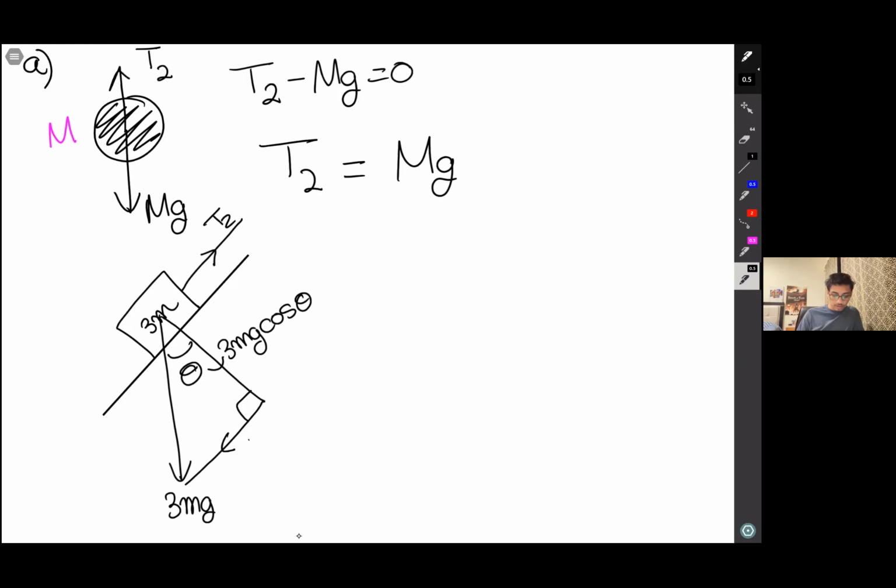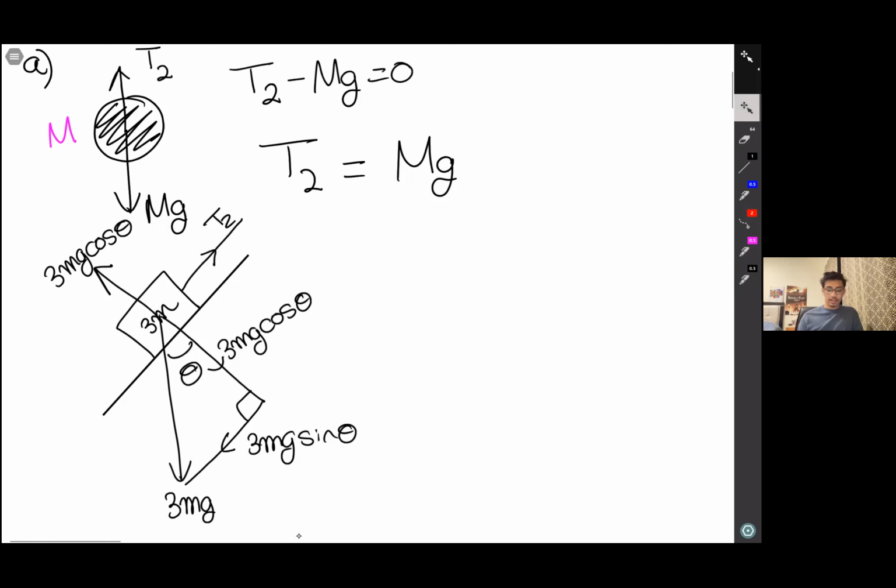Parallel to it will be 3mg sine theta. There is a reactive normal force that acts upwards like this, which is basically the same thing as the component of gravity acting perpendicular to the plane. So it will just be 3mg cos theta.